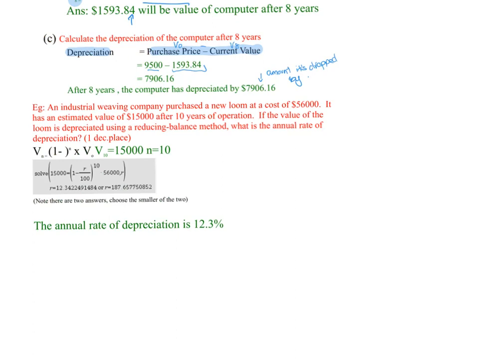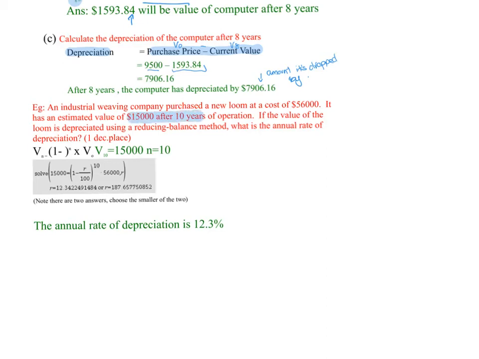Okay, so with this next question, let's have a look. It says, an industrial weaving company purchased a new loom. A loom is like a big sewing machine, okay? And it costs $56,000. It has an estimated value of $15,000 after 10 years.